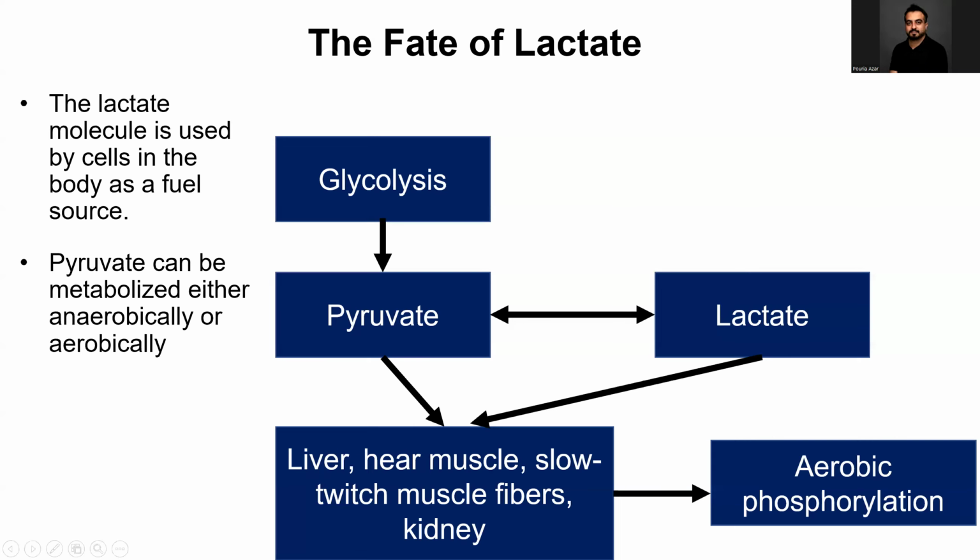If the pyruvate is converted to lactate, it's called anaerobic. But if pyruvate enters the Krebs cycle, which we'll talk about later, it's called aerobic. So this is the final fate of lactate. Lactate can also be used as a fuel source, as an energy source, by different tissues like liver, heart muscle, kidney, and slow twitch muscle fibers.